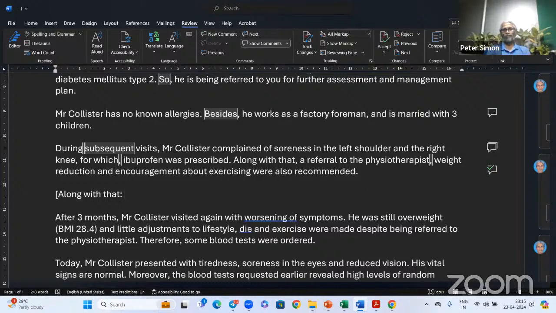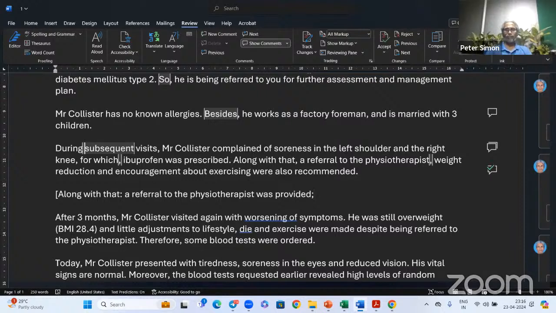Along with that, colon, a referral to the physiotherapist was provided. A referral to the physiotherapist was offered, provided, semicolon.